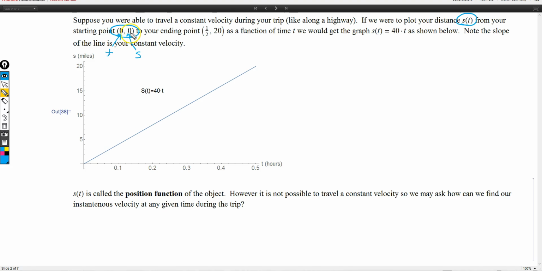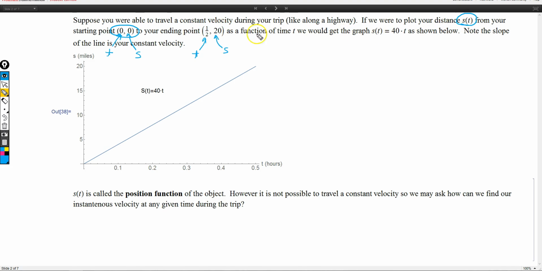So you're 0 miles from your home at time 0, to your ending point, which is 1/2 comma 20. That 1/2 is time, half an hour, and the 20 is how far you are away from your house after half an hour, 20 miles away.